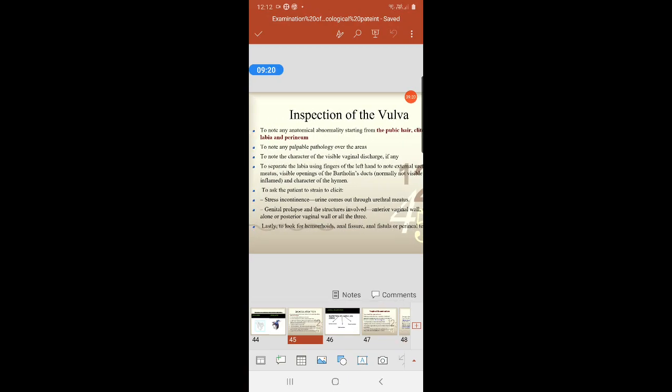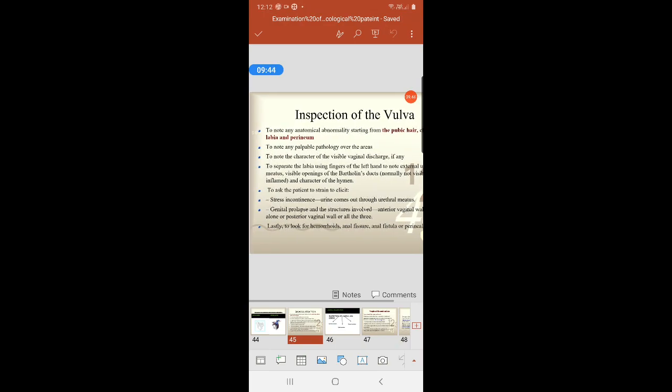Only if they are inflamed can we see the opening of the Bartholin ducts. We can also come to know the character of the hymen, whether it is ruptured, or it is carunculae hymenales, which is usually seen after marriage, or if it is an imperforate hymen, etc.